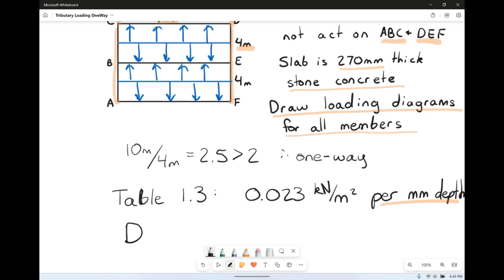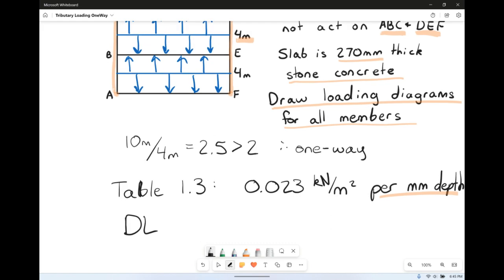So our dead load that's being applied to this slab, which is just the self weight of the slab itself, is equal to that 270 millimeters times the 0.023 kilonewtons per meter squared per millimeter of depth.